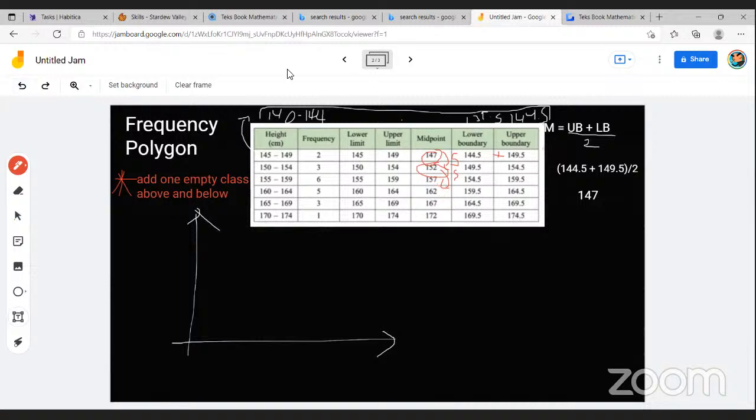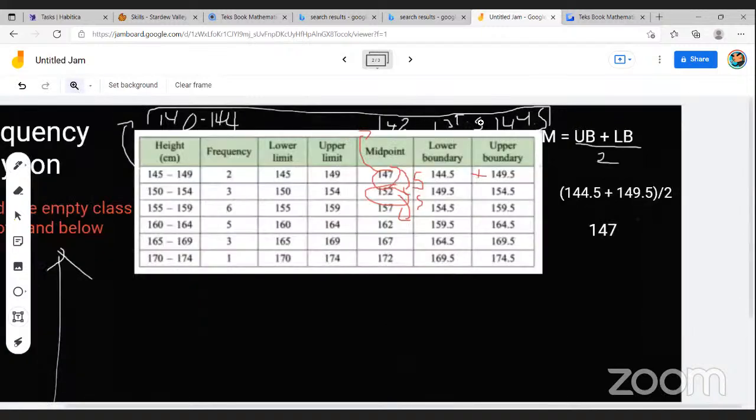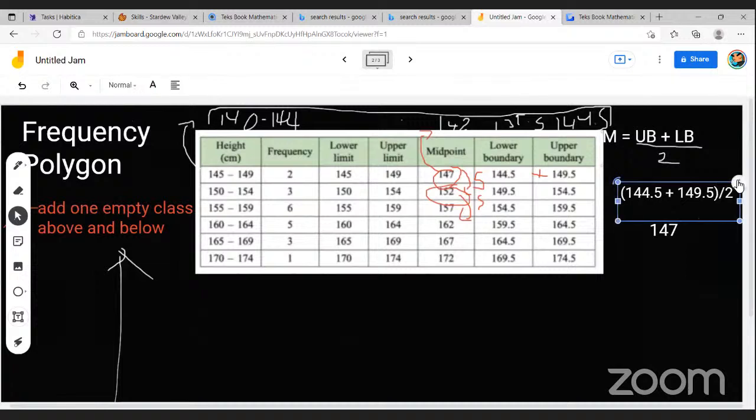So in that case, you can go backwards and say the midpoint of the first empty class is 142, for example. And you can cross-check this with the formula over here, 139.5, 144.5, then you add it together and divide it by 2. You'll also get 142.